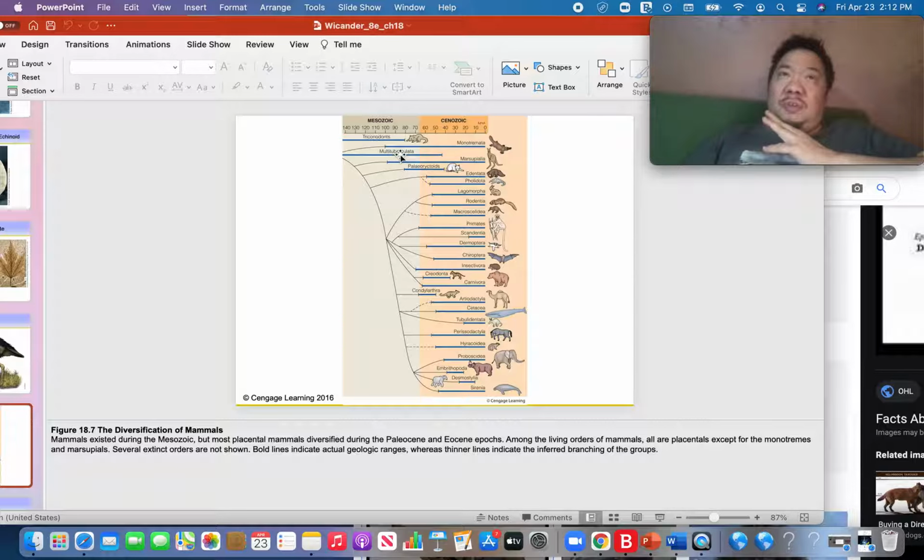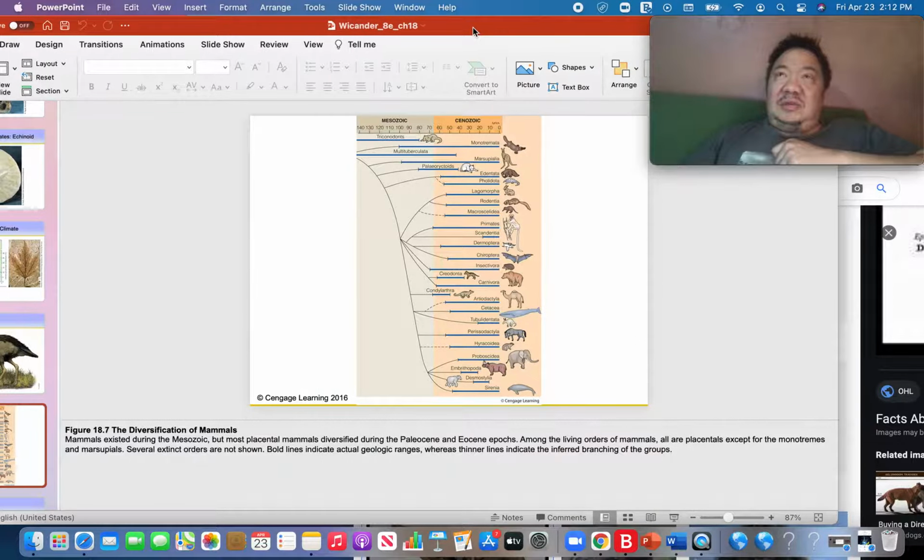The herbivore spot was taken up by the six types of plant-eating dinosaurs we talked about: ankylosaurs, pachycephalosaurs, ornithopods, stegosaurs, and sauropods. So as soon as the dinosaurs disappeared, that was an opportunity for the mammals to evolve into all of the different forms we see today.